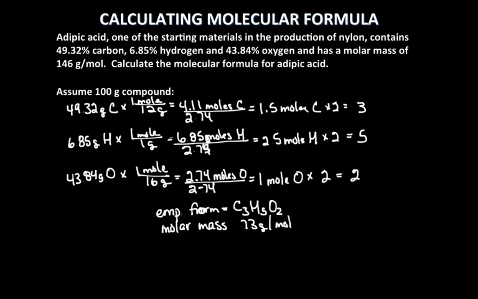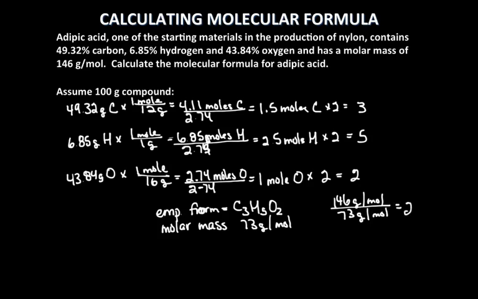But the actual compound has a molar mass of 146 grams per mole. So we take the molar mass that we know, 146 grams per mole, and divide that by the molar mass of the empirical formula that we calculated, 73 grams per mole.